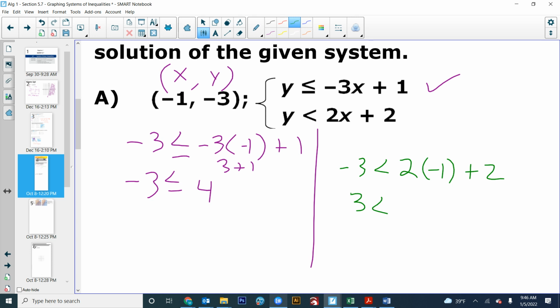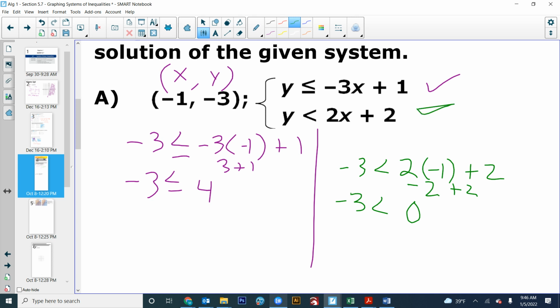What's 2 times -1? -2. Plus 2. Is -3 less than 0? Yes. 0 is greater than any negative number, so that is true.